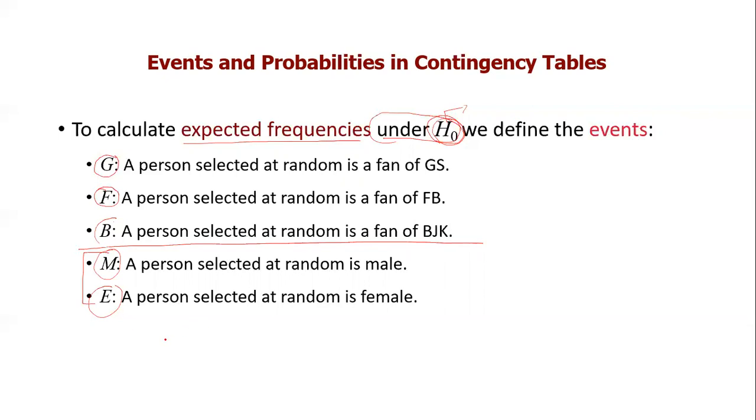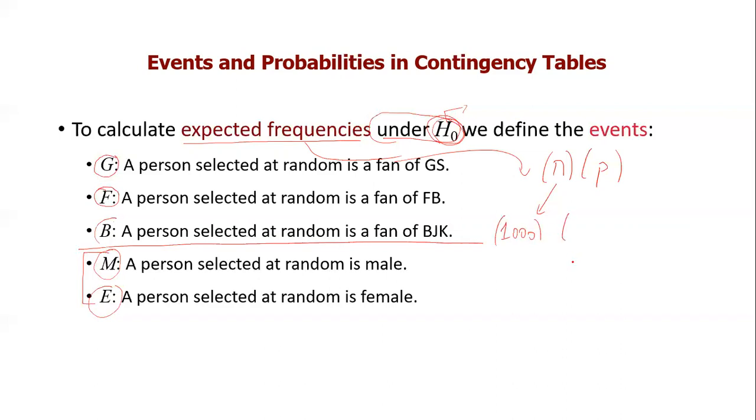So I will try to find the expected frequencies. Remember, how do we find it up to now? We take the number of observations times the probabilities. What is the number of observations in our case? It is the number of people: there are 1,000 people in our research group.